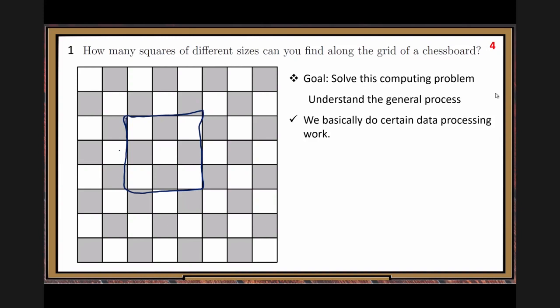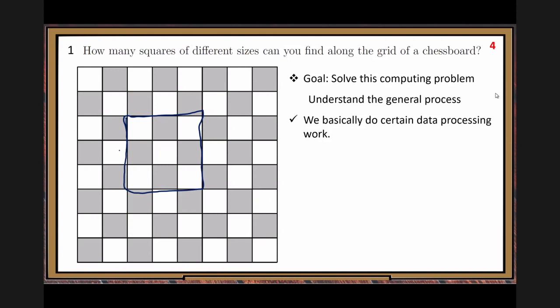So what's the data we have here? This chessboard, all the information you can see here, we treat it as data. We can define it this way: the squares of all sizes, that's our data.